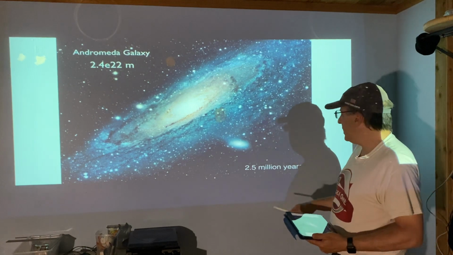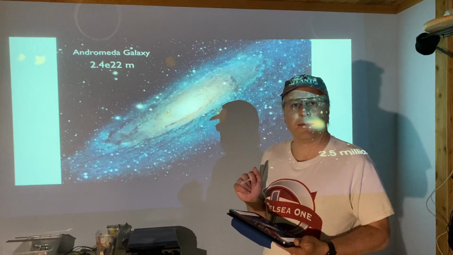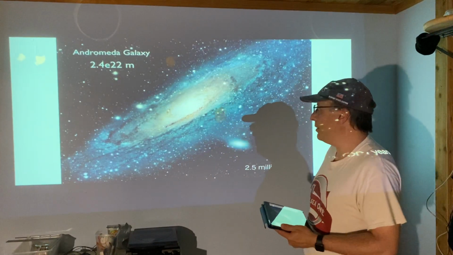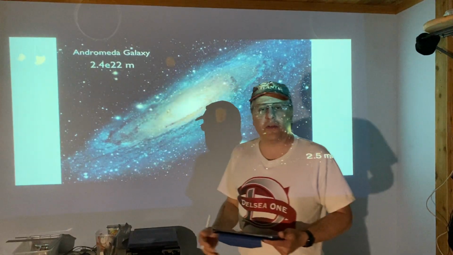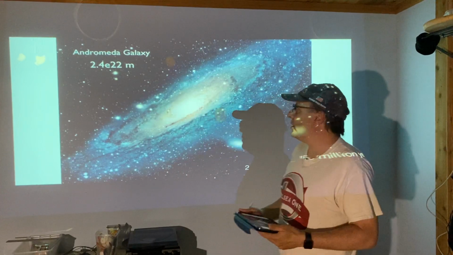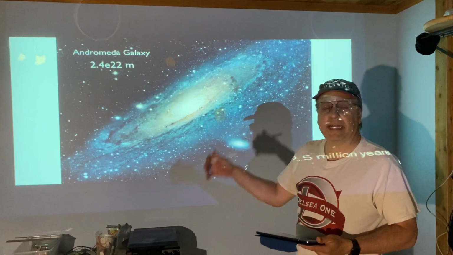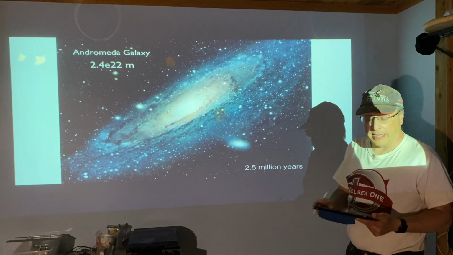So this galaxy would be 2.5 million light years away. It means it took 2.5 million years for light to travel. That's an easier way of saying it than these number of meters, because these numbers get so big that it's hard to put any relevance to them. So for really big distances, they're sometimes given in light years.